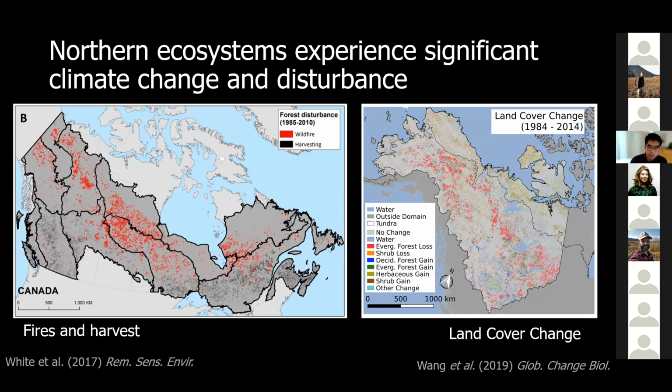Losses of evergreen forests in the red. So that's some of those black spruces burning up that people have been talking about in the session, as well as some evidence of increased deciduous forest cover in the further southern parts of this domain, which is the NASA ABoVE domain, right? So this is where most of my work will be focused.